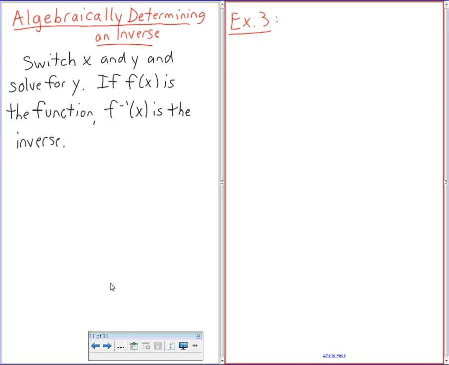Okay, we're going to say for f of x equals 3x minus 5, A, determine f inverse of x. B, find f of 3.